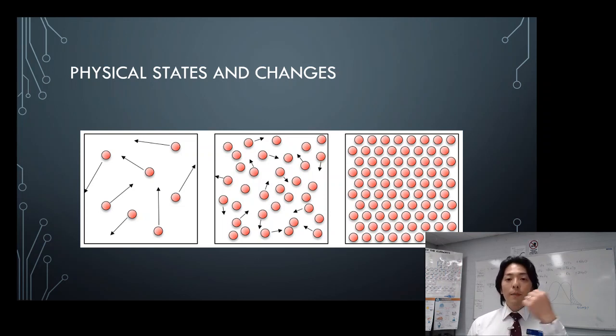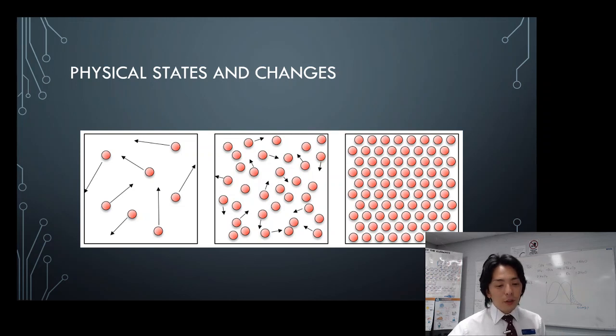And in the gaseous state on your far left, they are not really associating with each other because there's not much interaction between molecules. So the intermolecular force, I'll say that again, is fairly low.